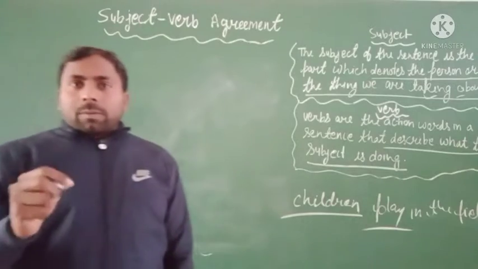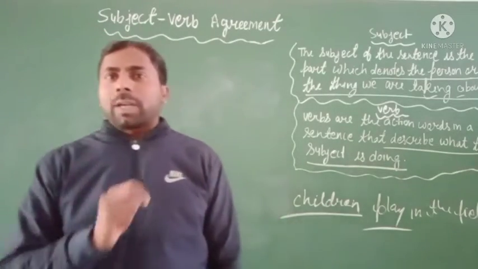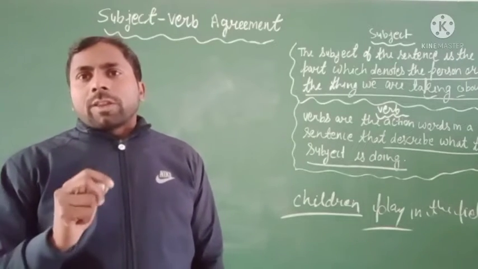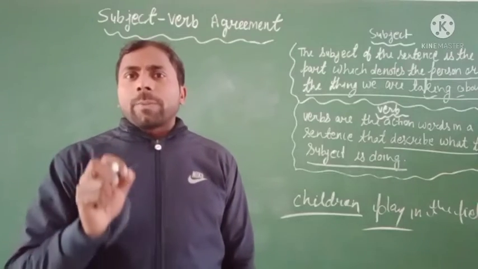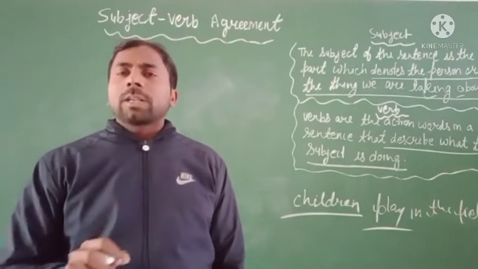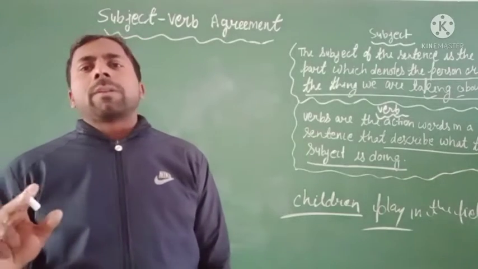The verb in a sentence always agrees with the subject in number and person. If the subject is singular, the verb is singular. If the subject is plural, then the verb will be plural. Everyone knows this very well.